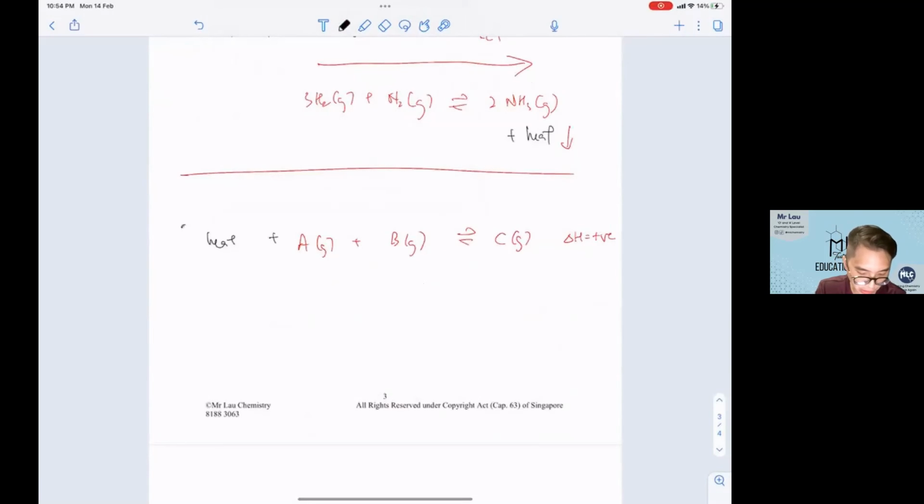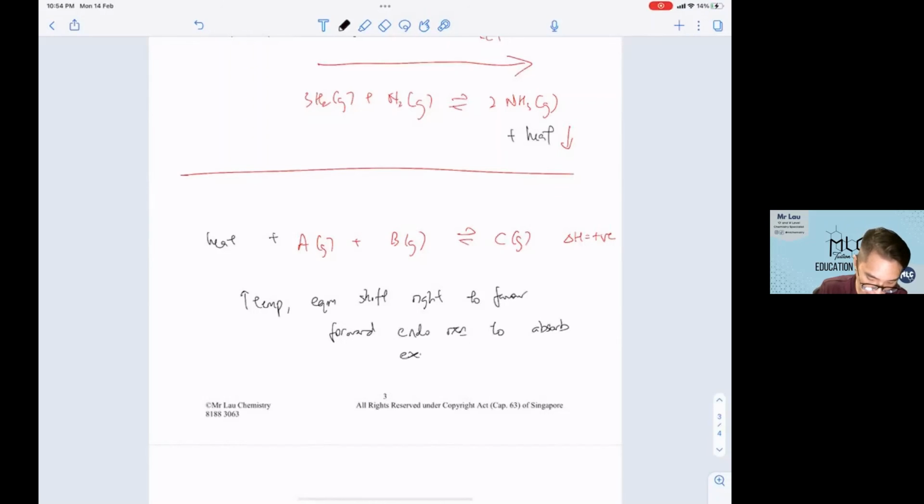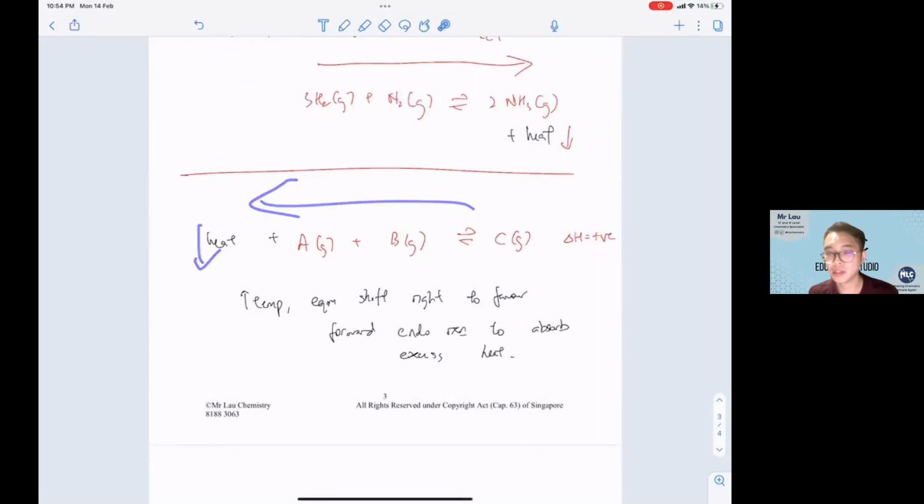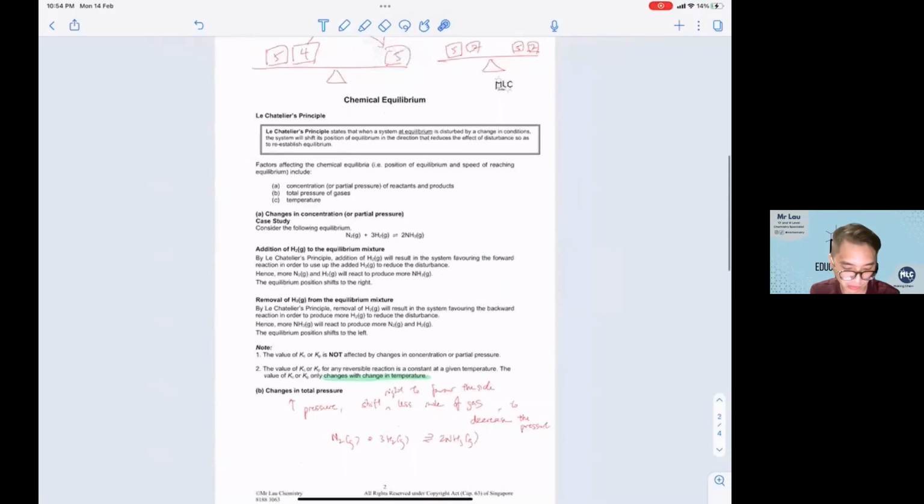So if you increase temperature, equilibrium will shift to the right to favor the forward endothermic reaction to absorb excess heat. And the reverse is true: decreasing temperature will shift equilibrium to the left to favor the backward exothermic reaction to produce heat. So this is how you make use of Le Chatelier's principle to solve for these 3 different scenarios.